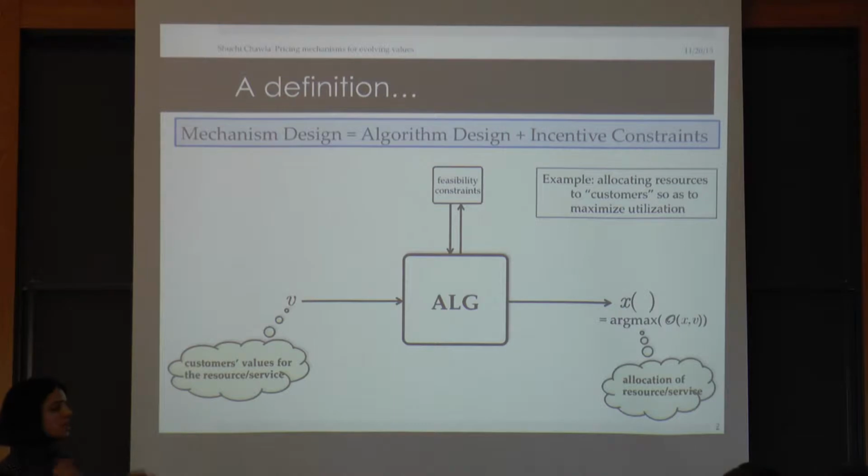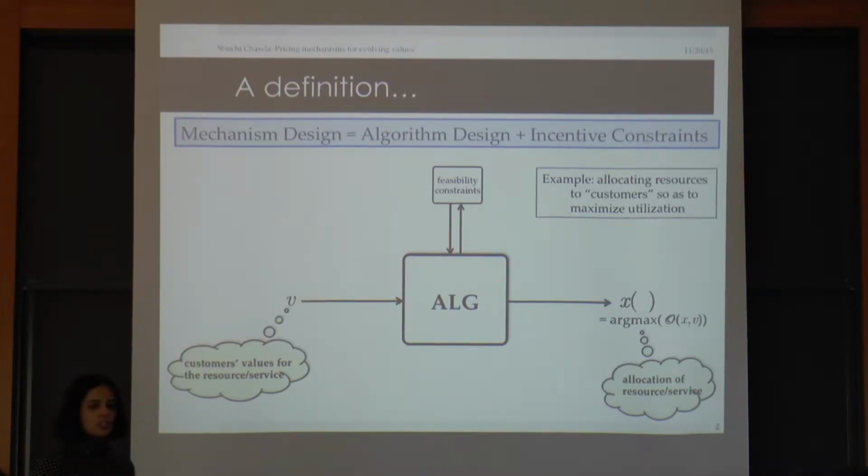Now, I want you to think about this running example for what a mechanism design problem might entail. Let's imagine that you have a bunch of resources that you'd like to allocate to some number of people interested in these resources, and we'll think of these people as being the customers.